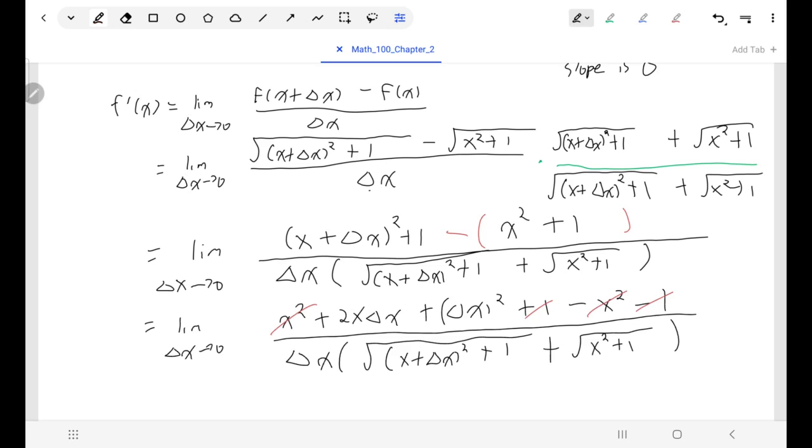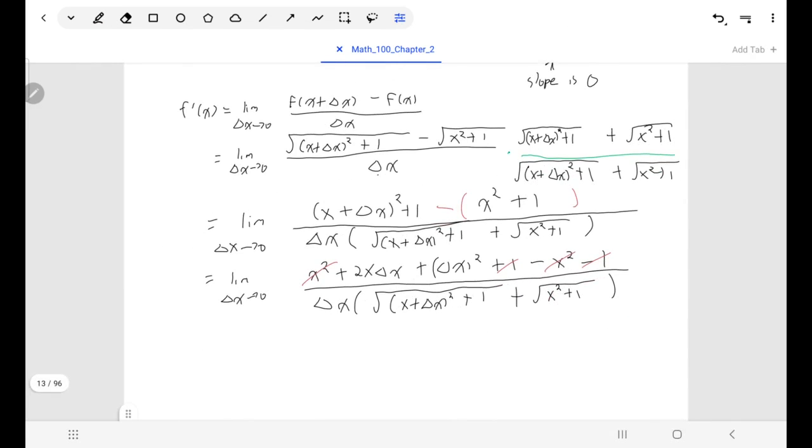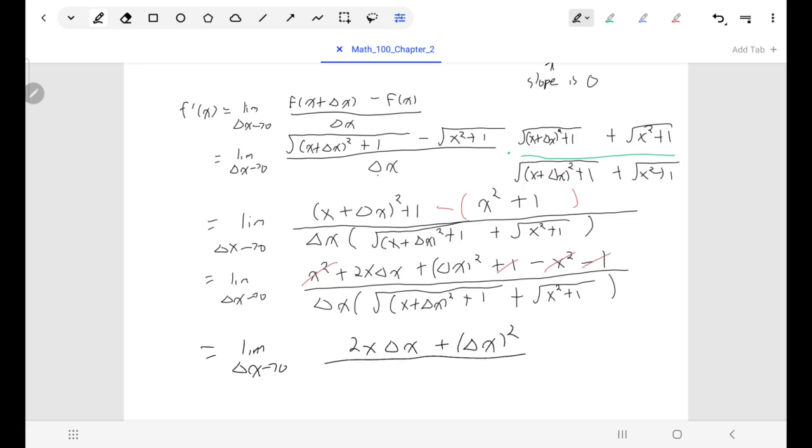So I'm just going to now rewrite what I've got. So in the numerator, I only have 2x delta x and a delta x squared. And in the bottom, I've got a delta x, again, times those two roots that are being added.